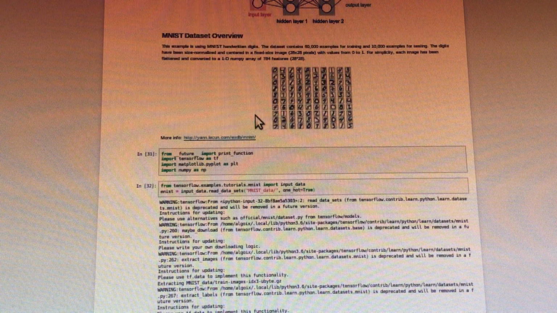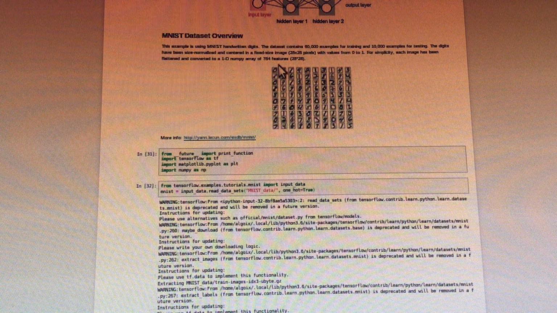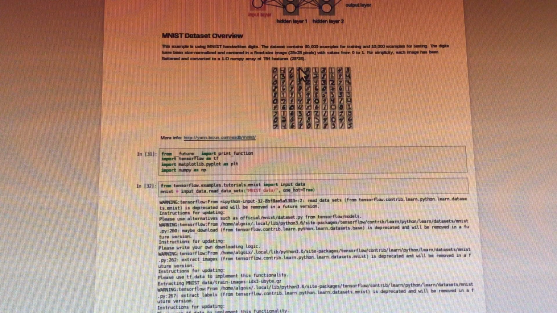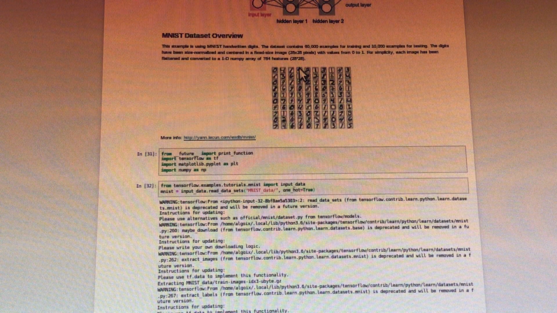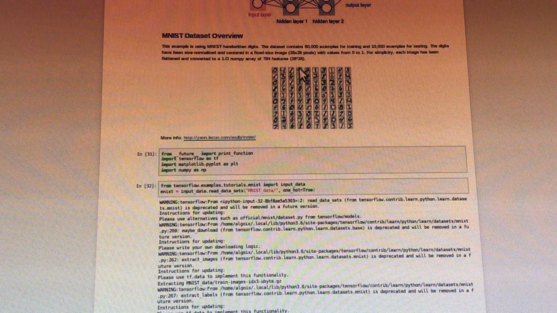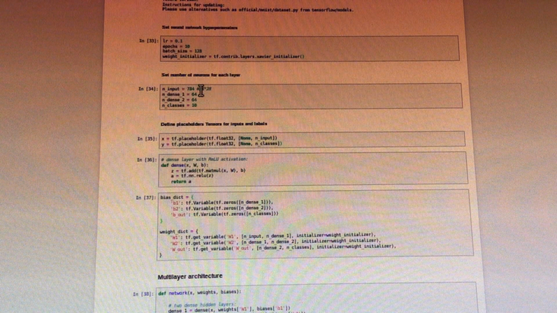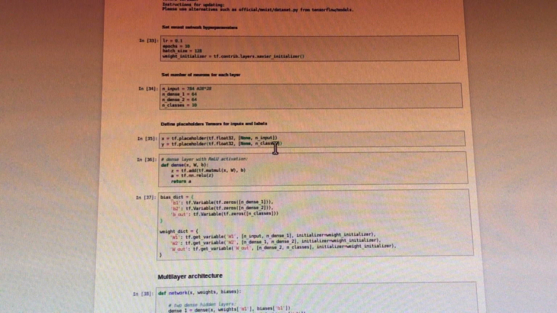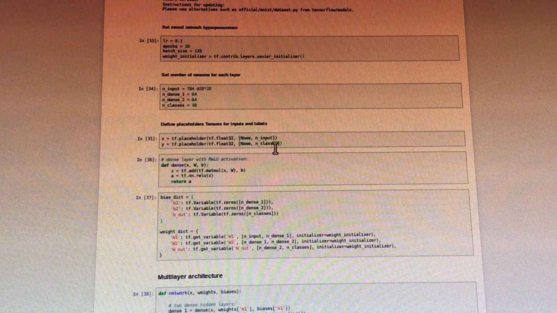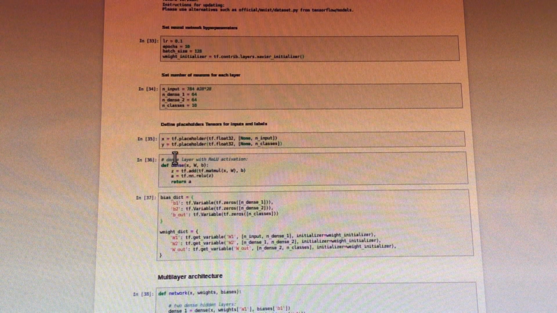Here the data is handwritten digits, and the size of each digit is 28 by 28, that is 784 features as input. So when we are building our graph, we are giving the input of 784, and we have digits 0 to 9, the 10 classes.